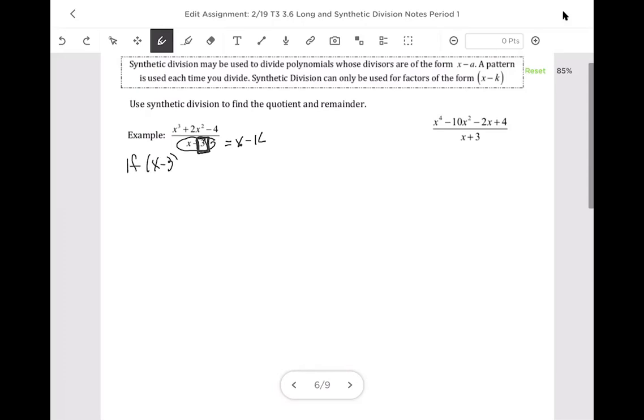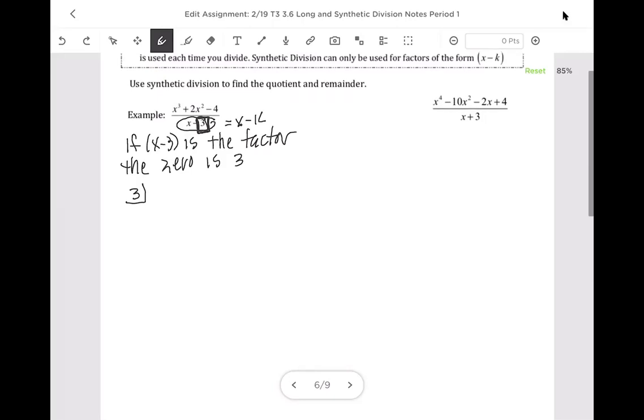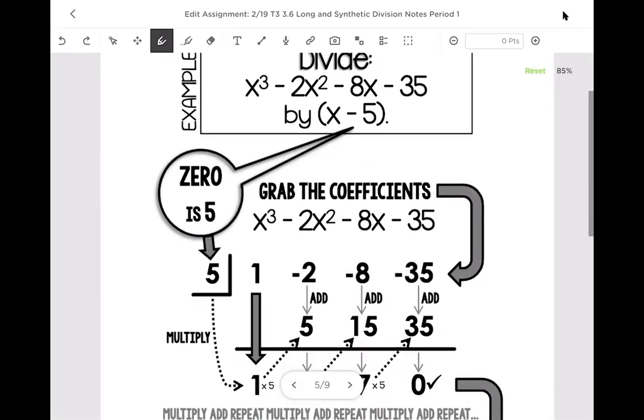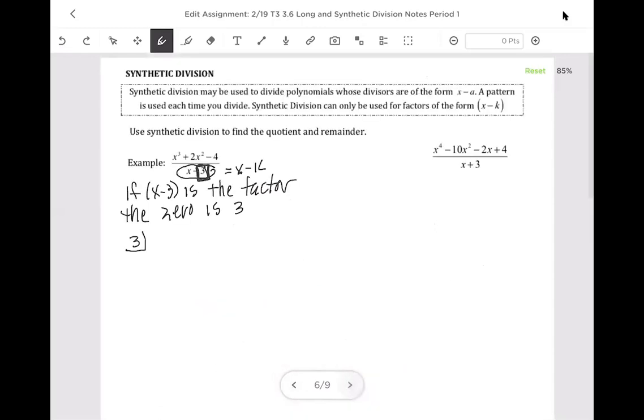If x minus 3 is the factor, the 0 is 3. That's what goes in a box. So synthetic division is all about a process. If you look back here, you'll see the little box there. I flipped back to slide 5. So when you're dividing by x minus 5, the 0 is 5. 5 goes in the box, okay?